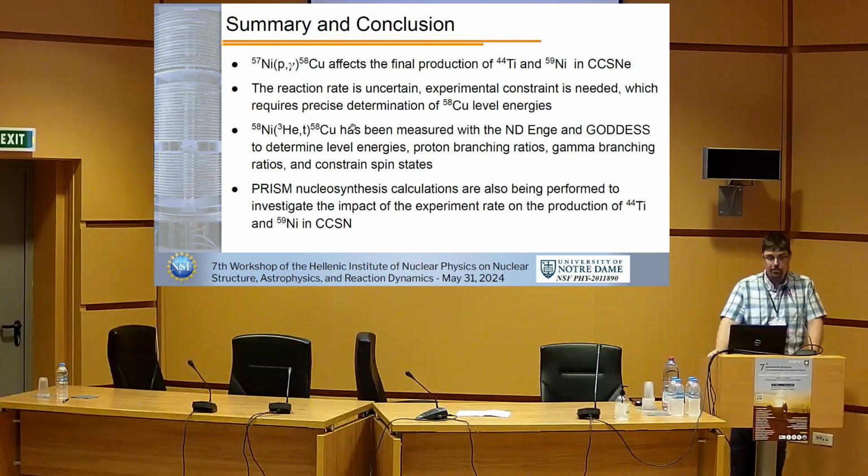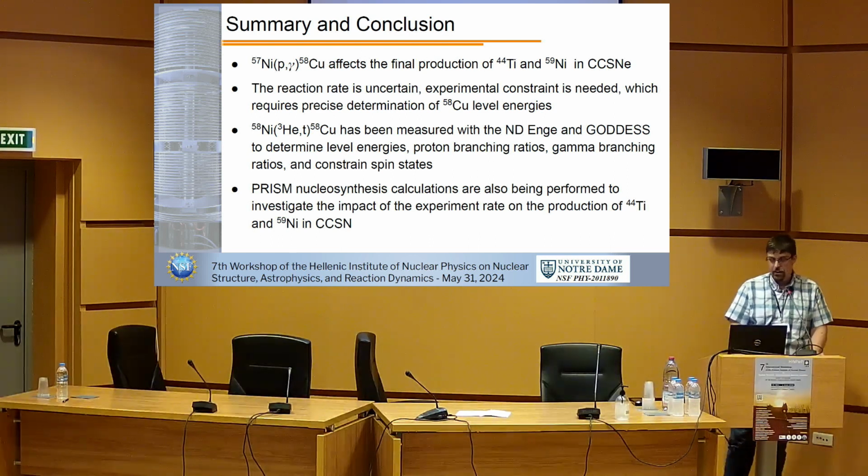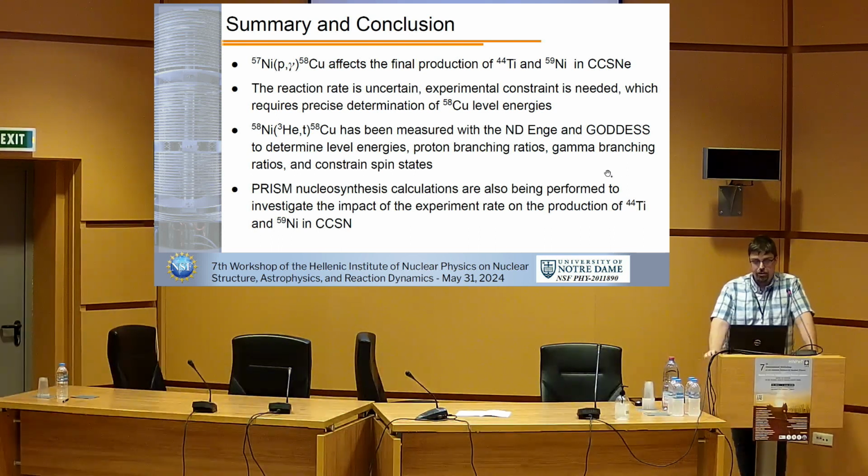We used the helium-3,t reaction both at Notre Dame using the ENGI and with the GODDESS setup at Argonne National Lab to get level energies, proton branching ratios, gamma branching ratios, and help constrain the spin of certain levels. Once this analysis is complete, we'll put this into a nucleosynthesis calculation and hopefully investigate how the new rate will impact the production of titanium-44 and nickel-59.